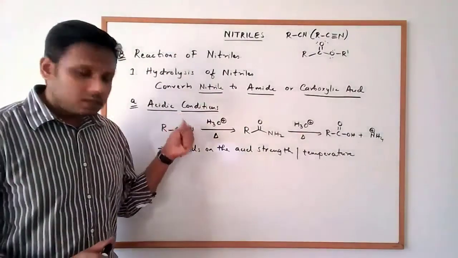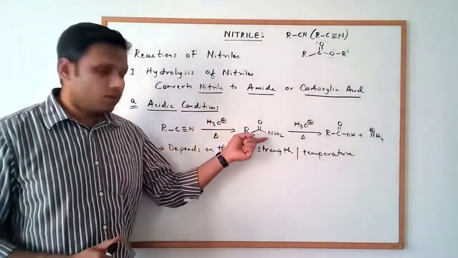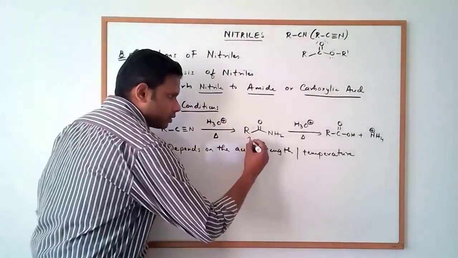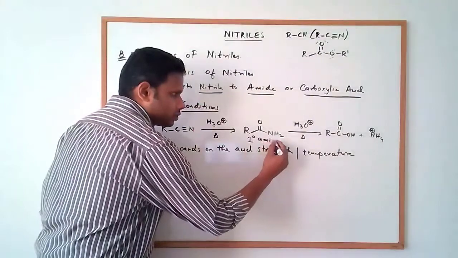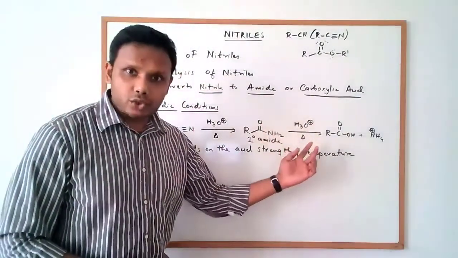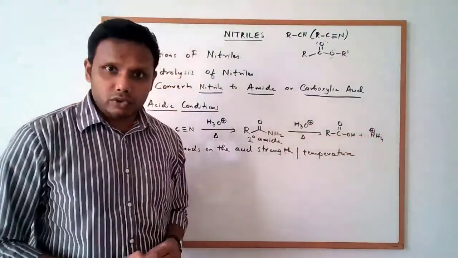Under acidic conditions, the nitrile in presence of acid and heat is first converted into an amide, and it would be a primary amide. Okay, it's converted into the primary amide, which can undergo further hydrolysis to the carboxylic acid and the ammonium salt.